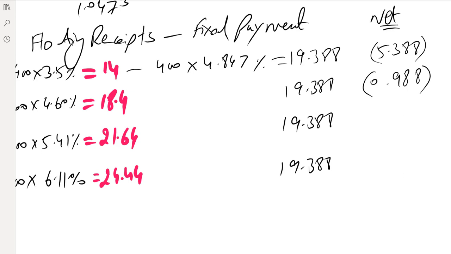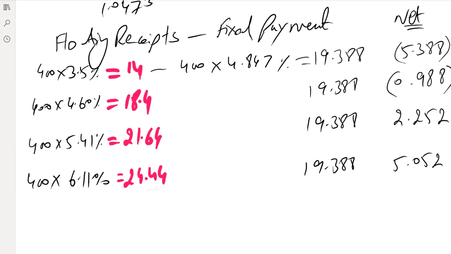In third year it will be a positive payment, and fourth year it will also be a positive payment. So if we take the present value of these differences, the net of all these differences will be 0. So that's how we will calculate the swap value at inception, and that is equal to 0.